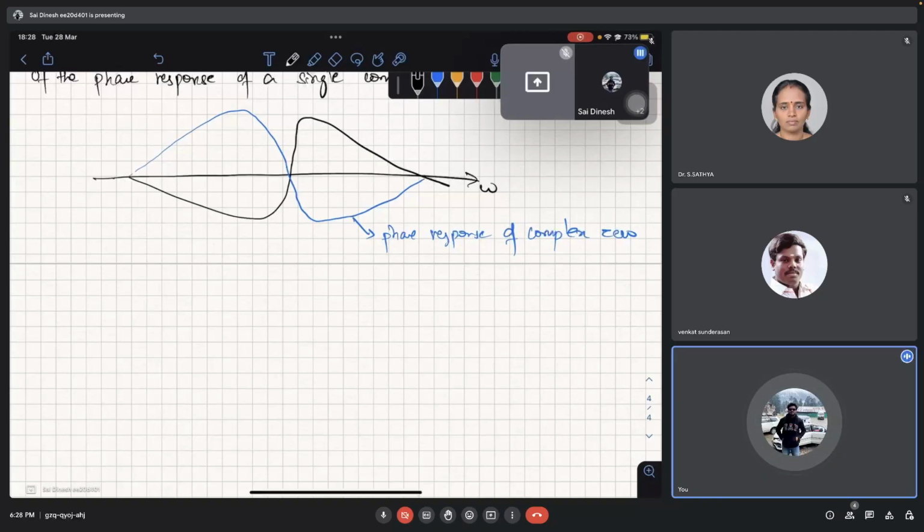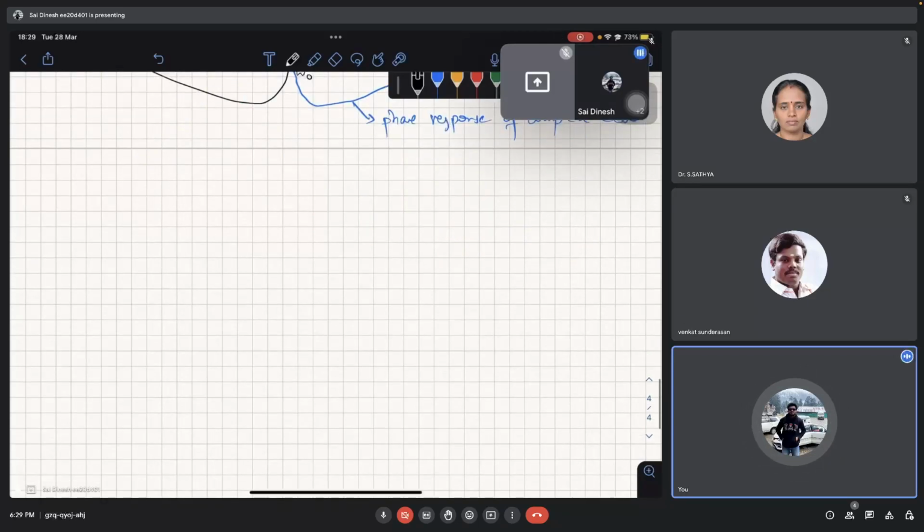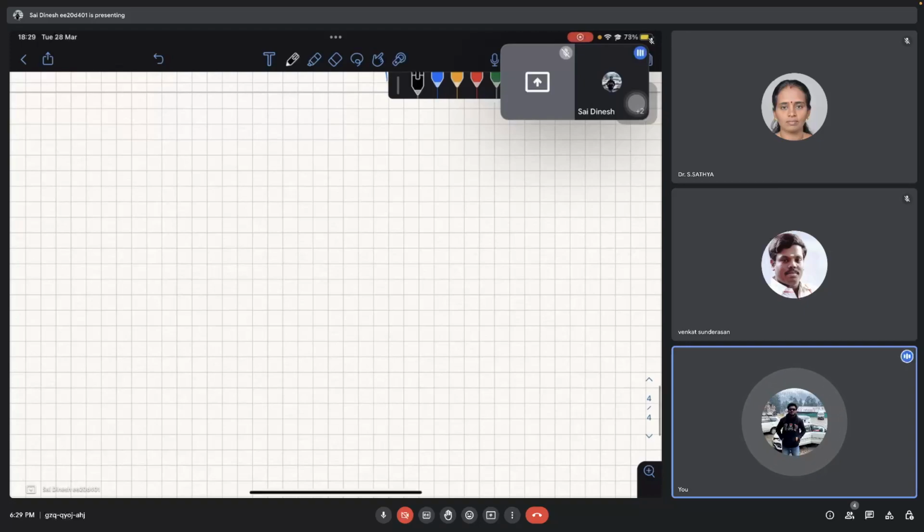But when it is a complex pole, let's say it is at r e^jω0, the change occurs at ω0, basically, right? So this is clear. And one more thing, in the last class we have seen the resonator, right?